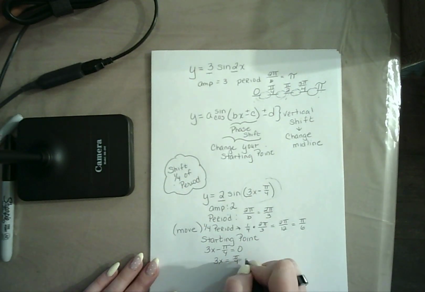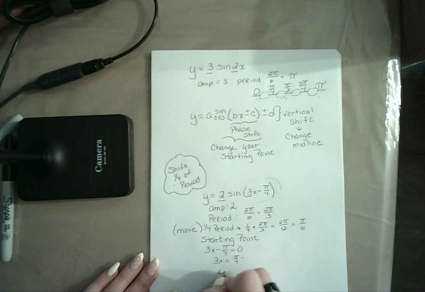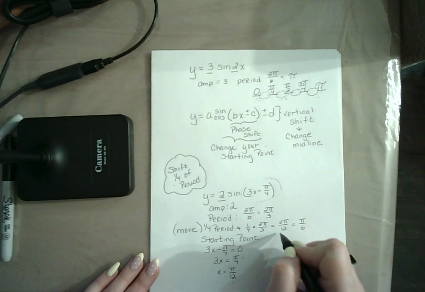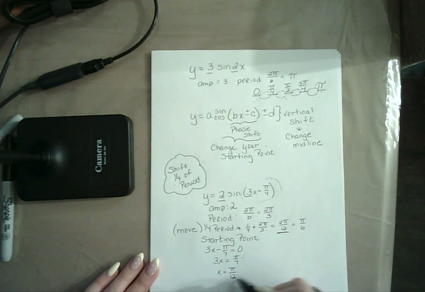We're going to divide by 3. When I divide this by 3, it's multiplying by 1/3. X equals pi over 12. So that means we are now starting at pi over 12, and every time we move, we're going to move pi over 6. We're actually going to use this fraction because this is going to have a common denominator.